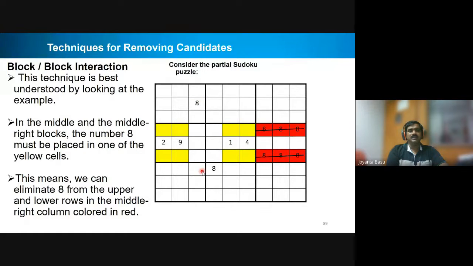The number 8 is placed here, so it is not possible to place 8 in this location and here. This means we can eliminate 8 from the upper and lower rows in the middle right column of this red. So we can write 8 here, 8 here, it's not a problem, but we cannot write 8 in other places.